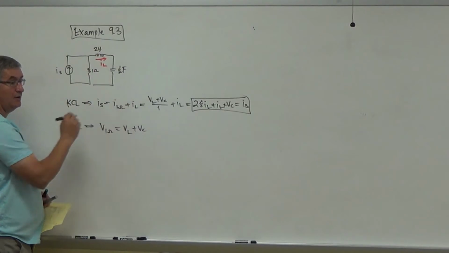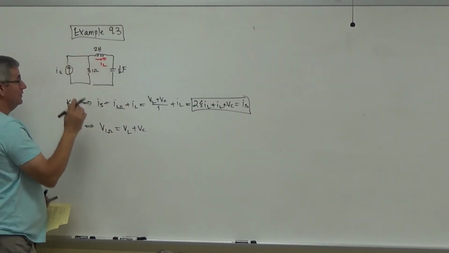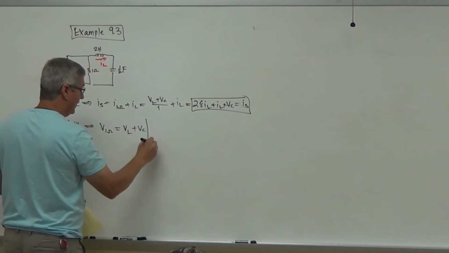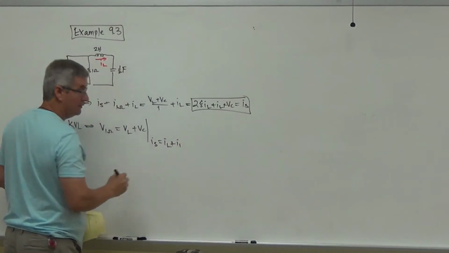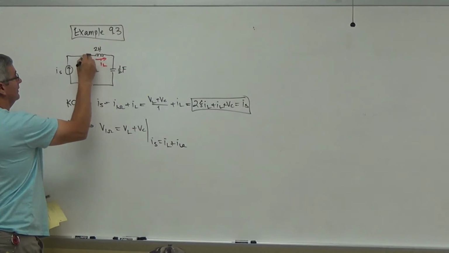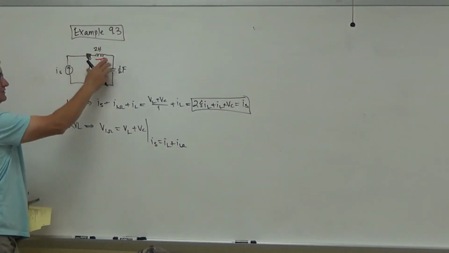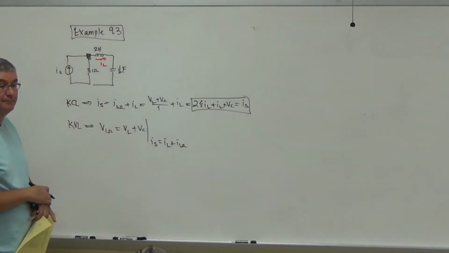So if I do that, I could run it to be redundant. If I look at this node here, you can see that I source must be IL plus I1. I'm looking at KCL right there. Current coming in gets split into 2. So I'm going to plug this guy right into here now.